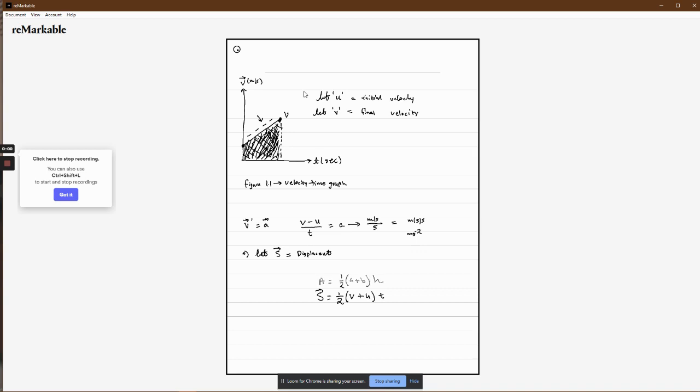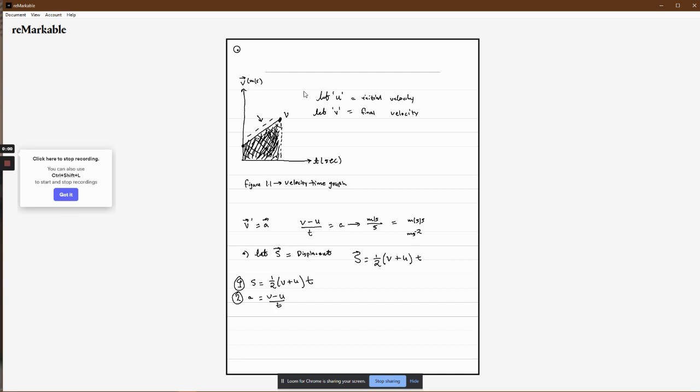Let me just remove this. There you go, and I will move this a bit up, so we have enough space to work with. Now I'm going to write equation 1 as s is equal to half (v plus u) t. And we have equation 2 of acceleration as a equals v minus u over t.